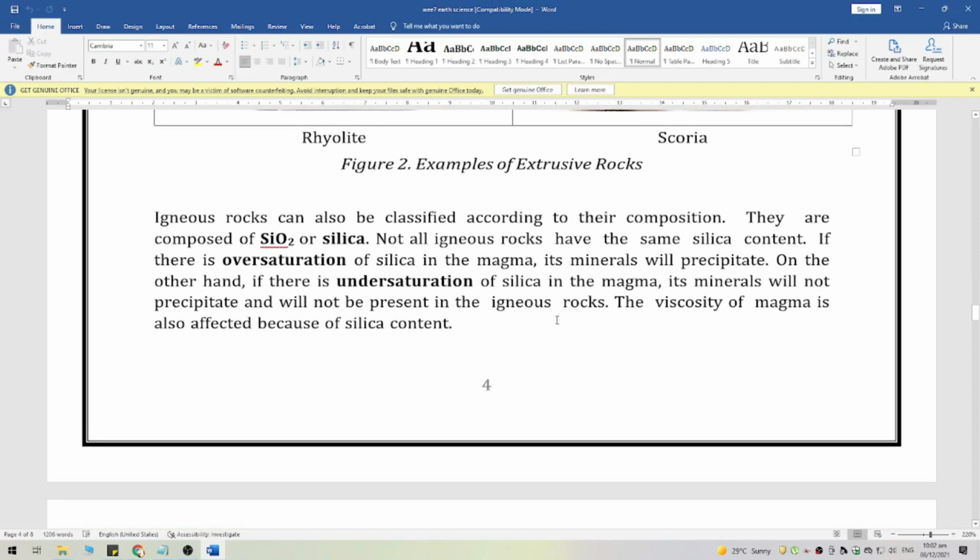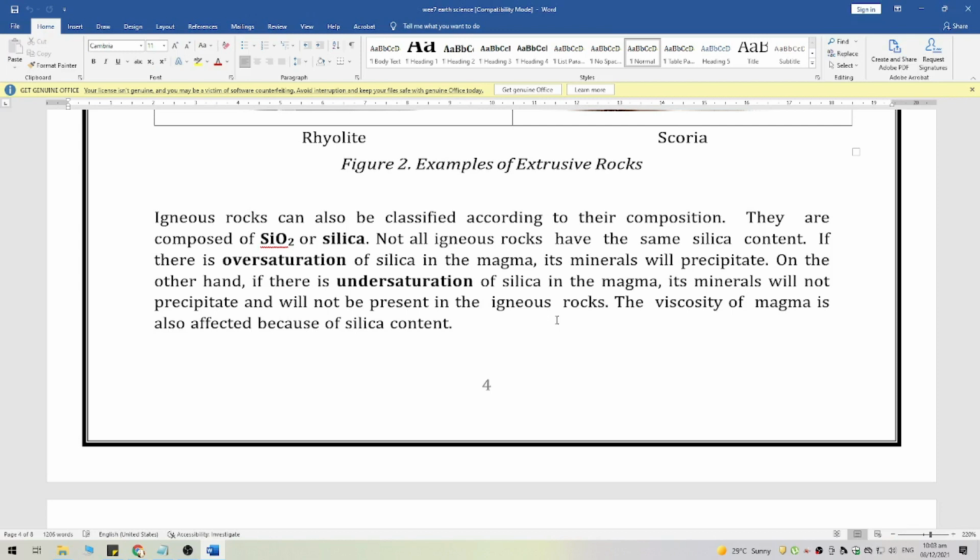They are composed of silica, chemical compound SiO2, oxygenated na silica, and not all igneous rocks have the same silica content. Okay, so ang pinaka main element niya is silicon and oxygen, diba? We call it silica then.